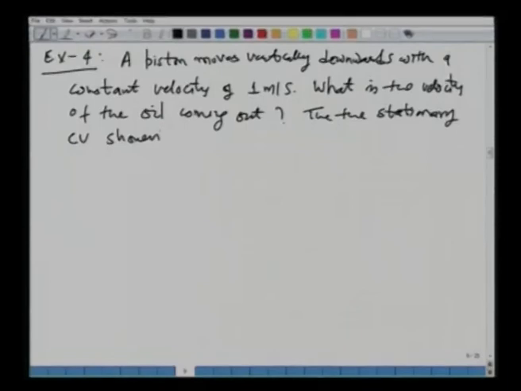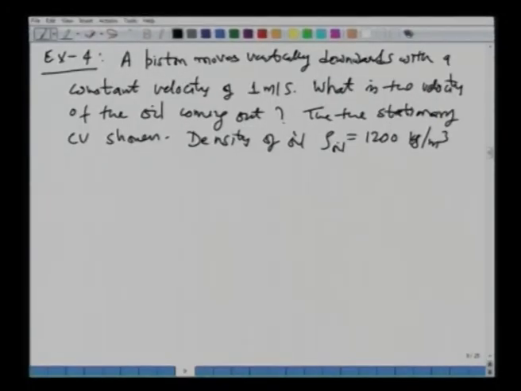I will give you the figure in a second, and the density of oil, raw oil, is given to you as 1200 kg per meter cube. So, this is the problem.